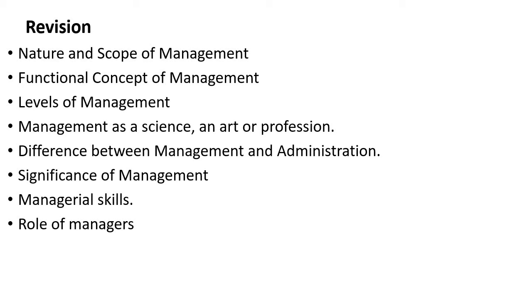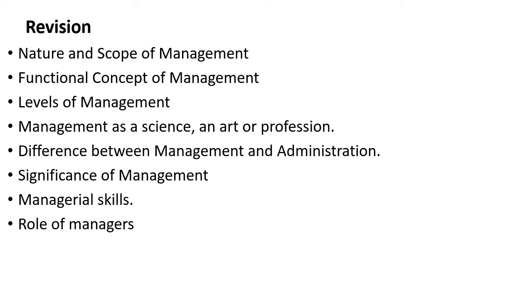identification of the duties or responsibilities, creating authority responsibility relationship. Next, in the staffing function, identifying the requirement of manpower, recruitment, selection, compensation management, training and development, appraisal will come.